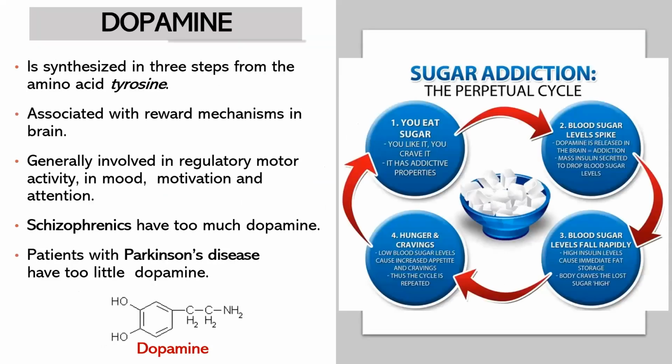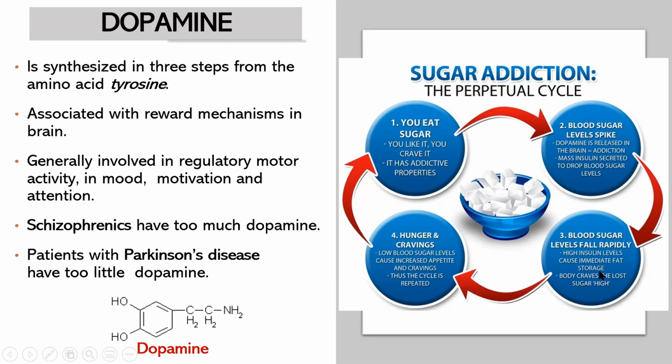Then there is dopamine, and it is associated with some kind of reward mechanism in the brain. So you can see here, you eat sugar, you like it, you crave it, then the blood sugar levels spike, dopamine is released in the brain, and insulin is secreted, and then blood sugar levels have to drop.